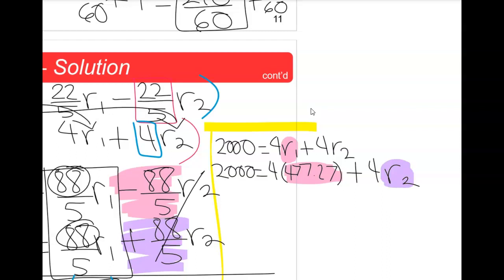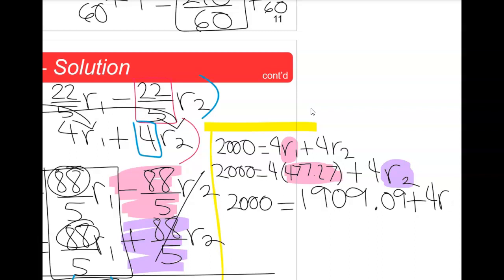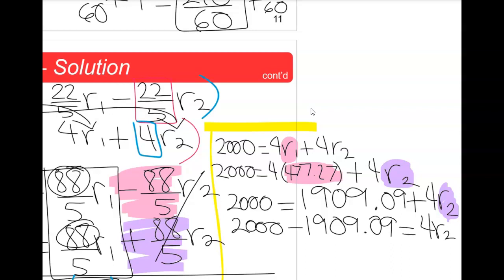So I'm going to multiply that times 4, and I get 2,000 here, and we're going to get here 1,909.09 plus 4 r sub 2, and remember that's the variable that we've got to solve for. So this is going to be 2,000 minus 1,909.09, and that is equal to 4 r sub 2.